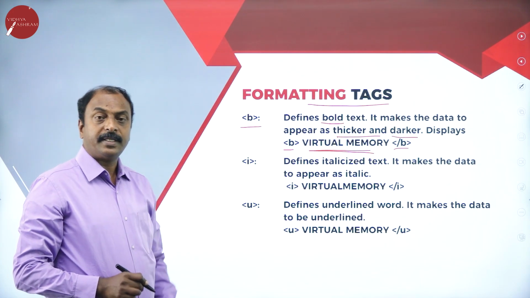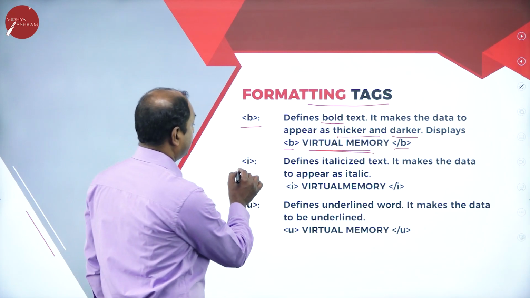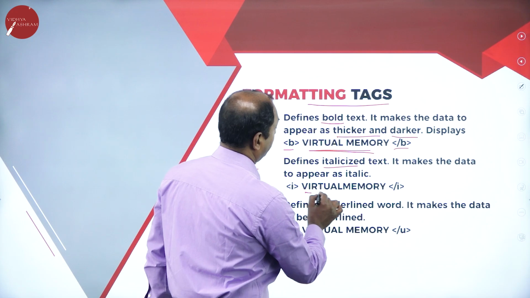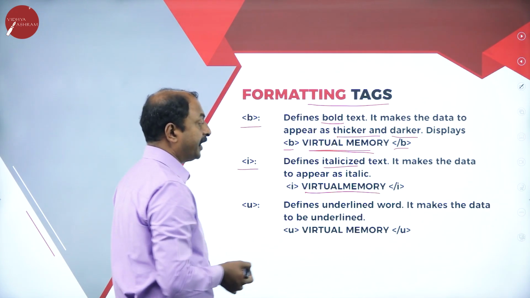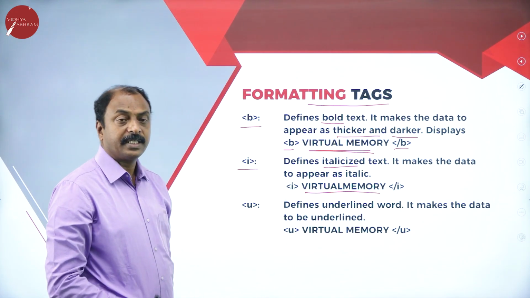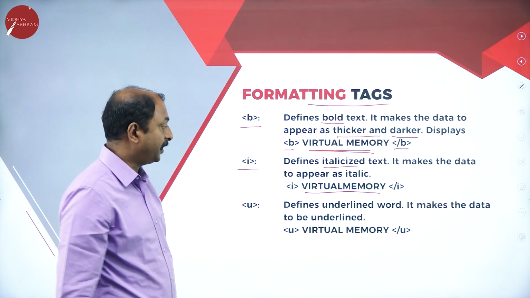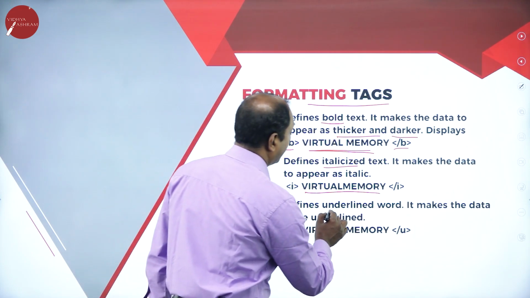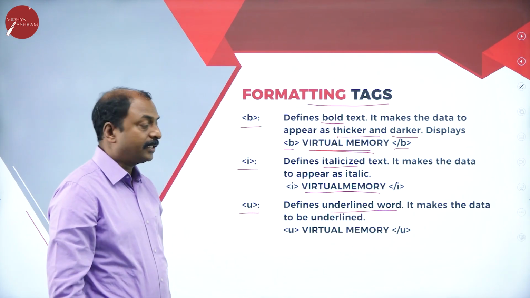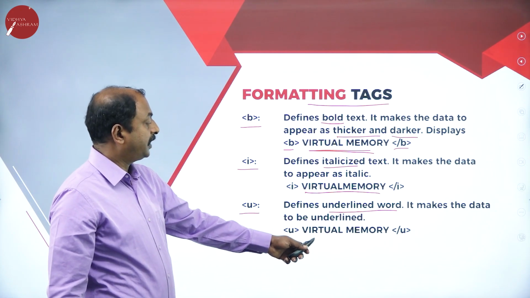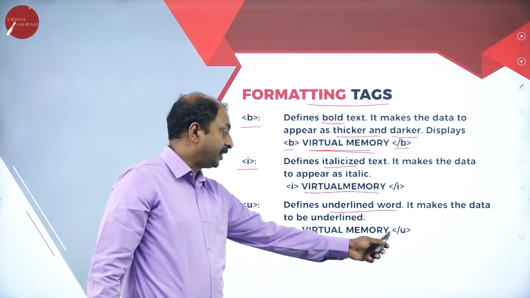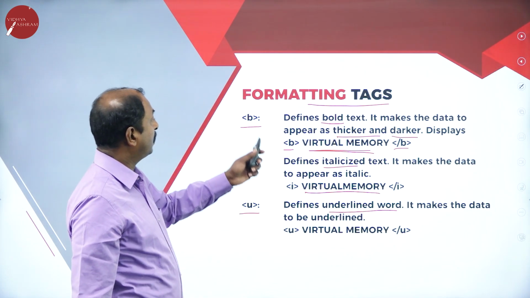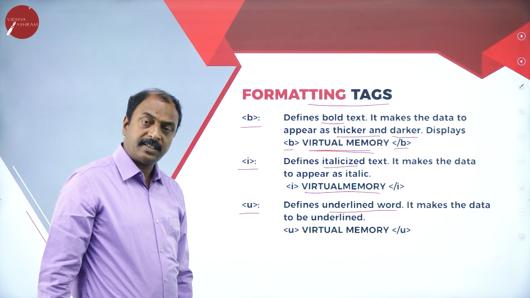Similarly, I stands for italics: any text written between the open and close italic tags appears in italic font. Next one is U, which stands for underlined. The text written inside this tag will appear underlined. So these are three different HTML tags.